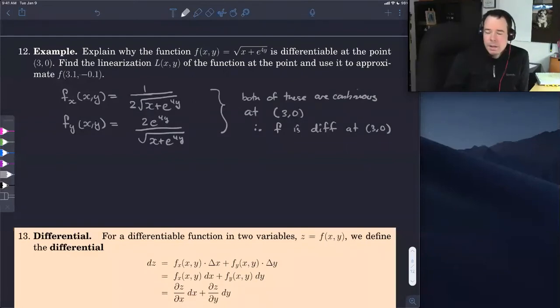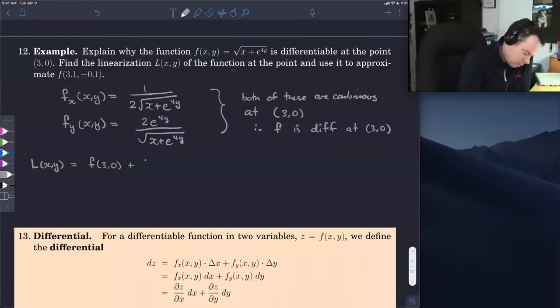It means that the tangent plane to the surface at that point is a good approximation to the surface. So that means we can go ahead and work out the tangent plane, or what we call the linearization in this case, if we're thinking of it as a function. The linearization is given by the function value at the point in question plus the partial derivatives in the two directions.